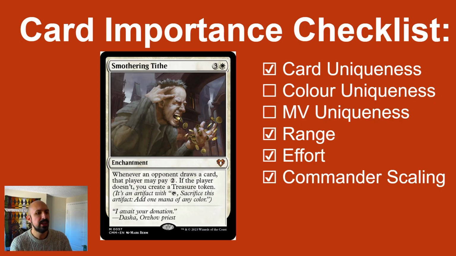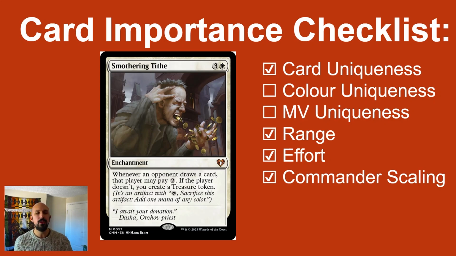The range of it hits all draw cards. It has really good range. We don't even need to think about it. It's a check mark. Effort, likewise, you do not need to attack with this creature. You do not need to pay mana when they do this. It requires almost no effort from you. You play this card and it is online, and you don't need to worry about it. So it gets a check mark there.